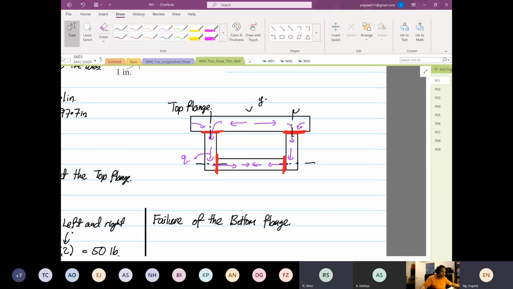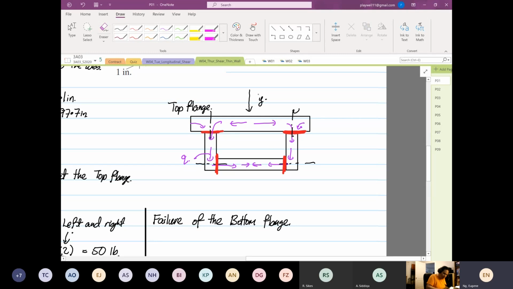From the bottom of the beam to the, I'm sorry, I'm not describing this very well. The bottom of the bottom flange to the top of the top flange, not including the webs. Okay. The confusing thing is this.